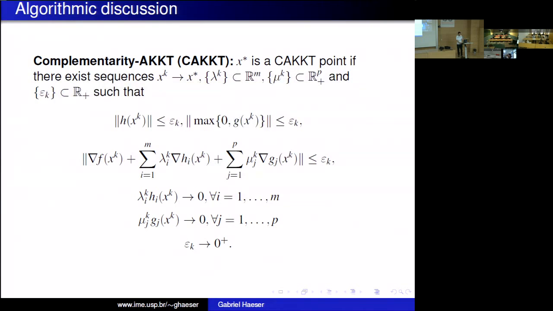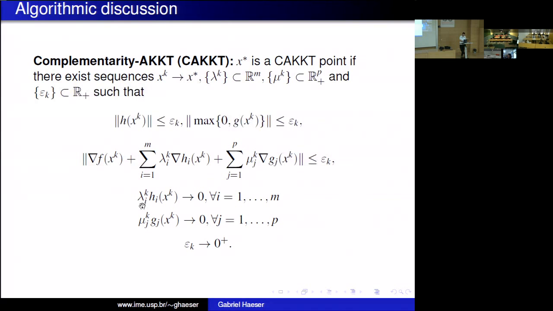It turns out that this is too strict, and you can use something like this. You can measure complementarity using the product of the multipliers, the approximation mu^k, and the approximation g_j of x^k. If the product goes to 0, this is a good measure for complementarity.